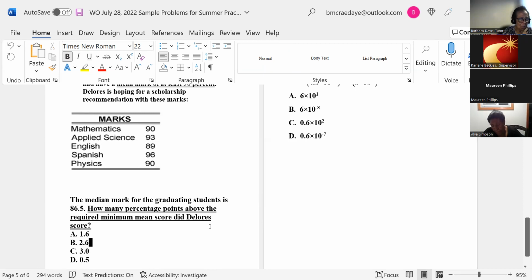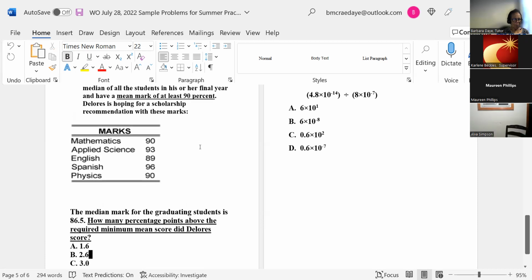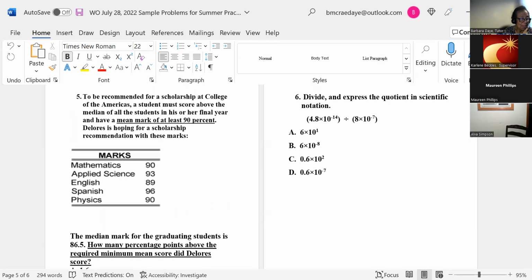So, Maureen, that means you have to find what? What did they ask you to find? The mean. How many percentage points above the required mean score did Dolores score? That means you've got to find the mean of her marks in this table. Now, the median, you don't need that.